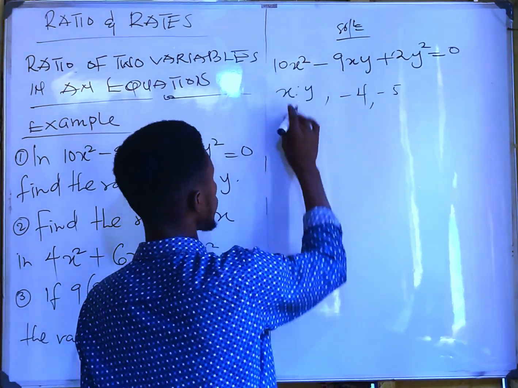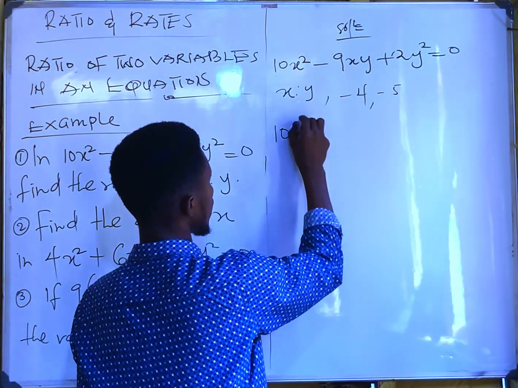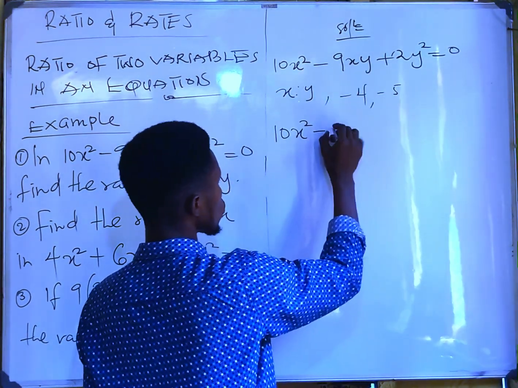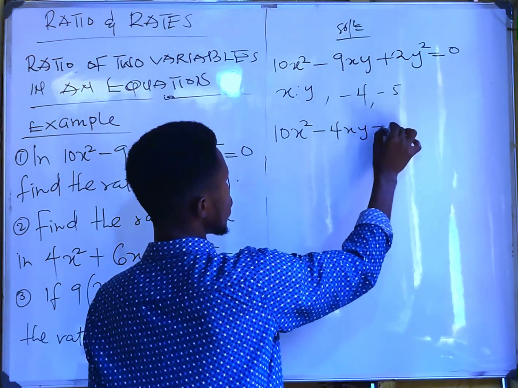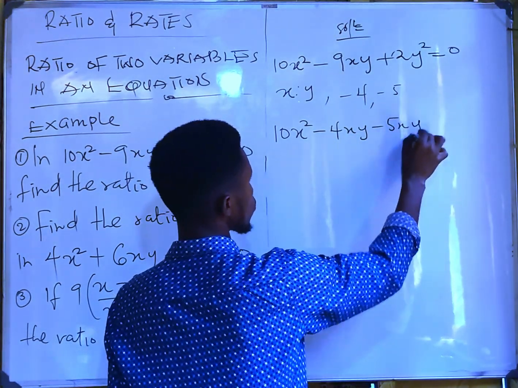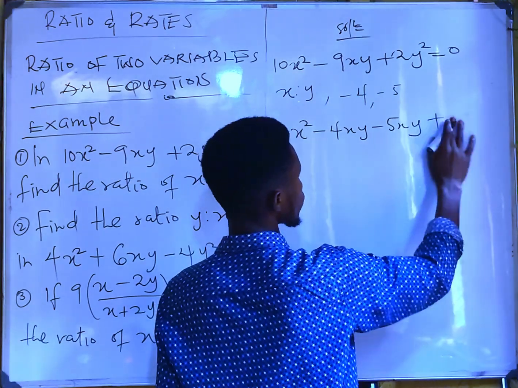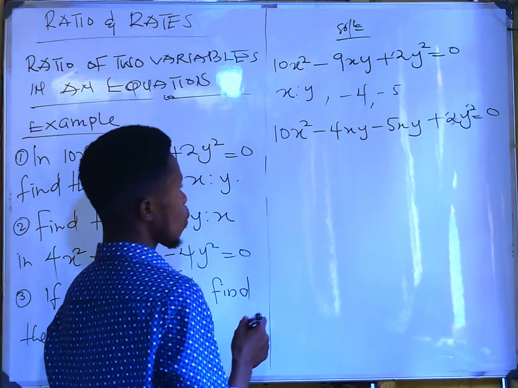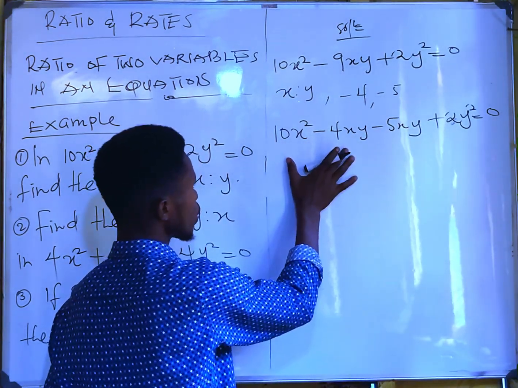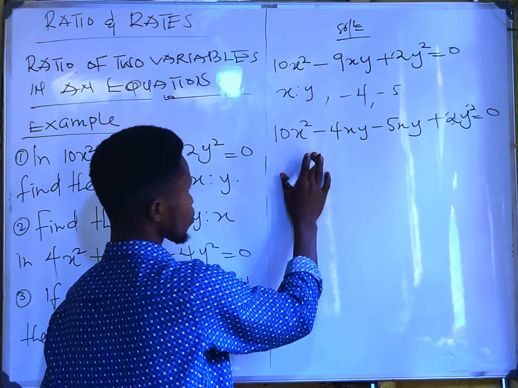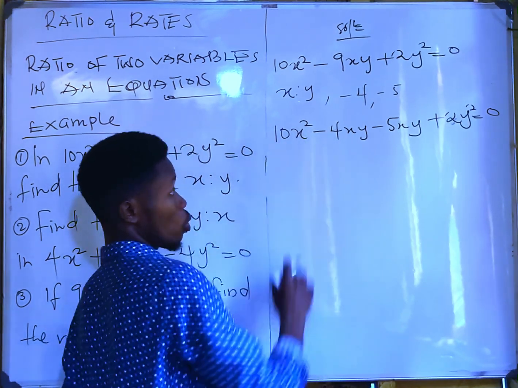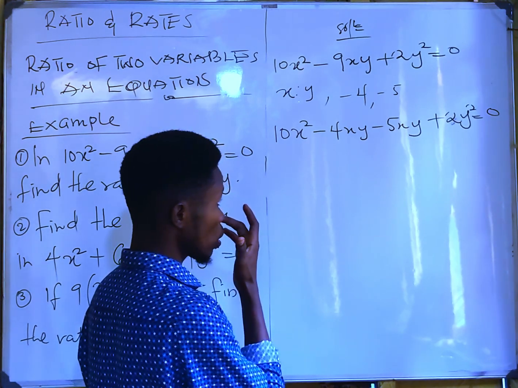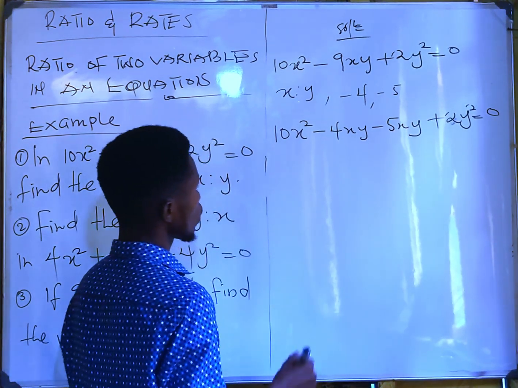So what you are going to do here is repeat 10x squared, and the 9xy is going to be replaced by negative 4xy negative 5xy, plus 2y squared equals 0. So you know how to solve quadratic equations already.